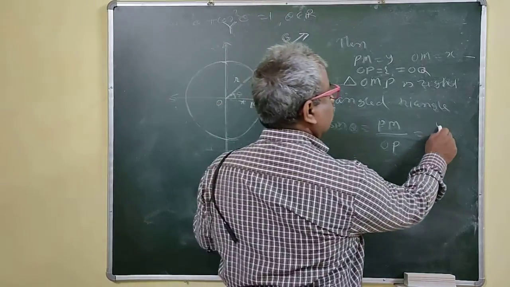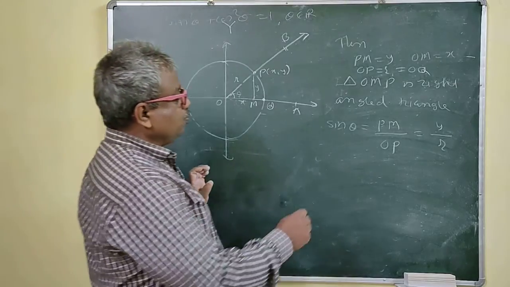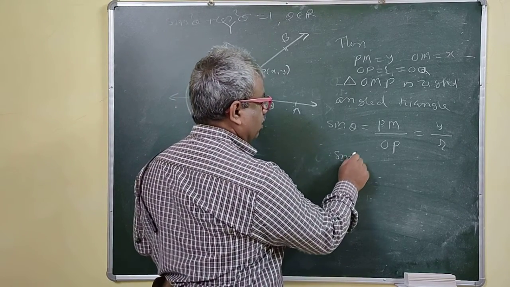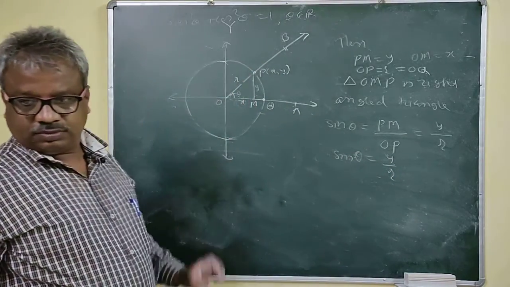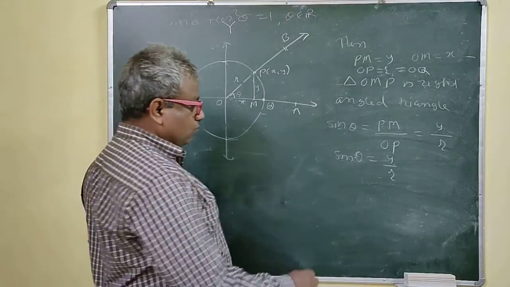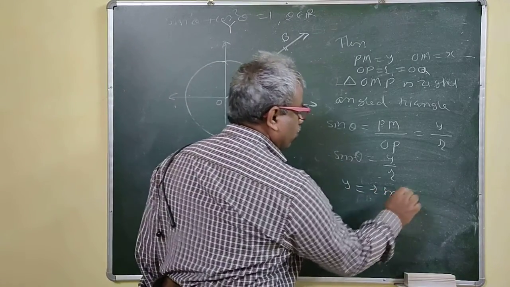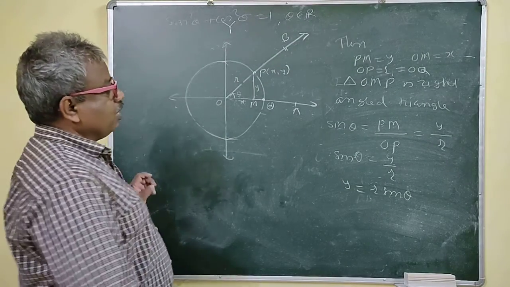So this is y upon R. Therefore sin theta is y by R. That means y is the same as R sin theta.